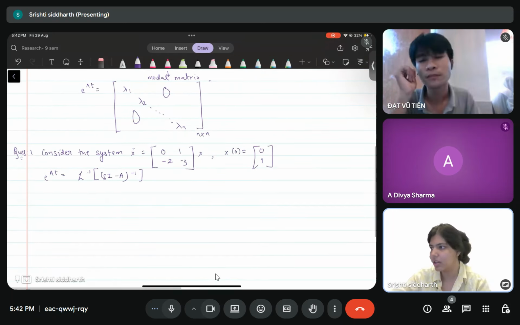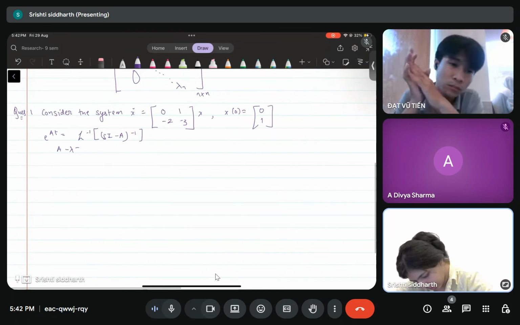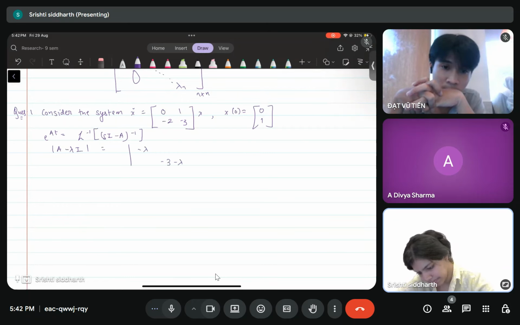So let's see. The characteristic polynomial is determinant of A minus lambda I. This is minus lambda, minus 3 minus lambda, and minus 2. This is 0.